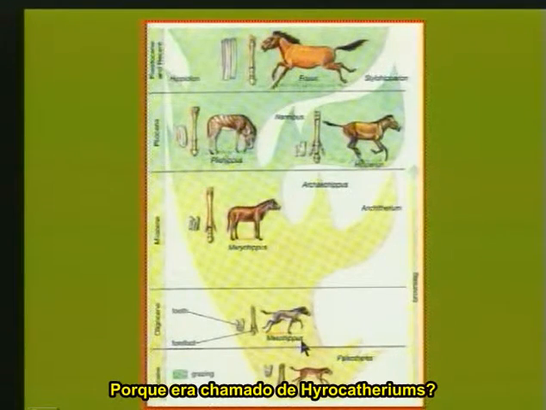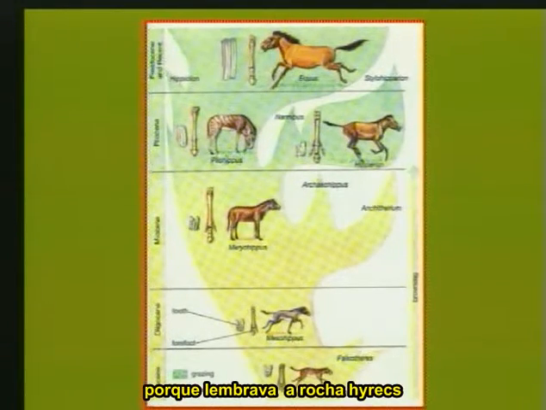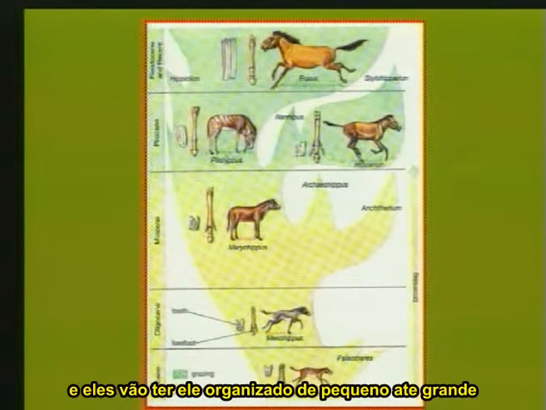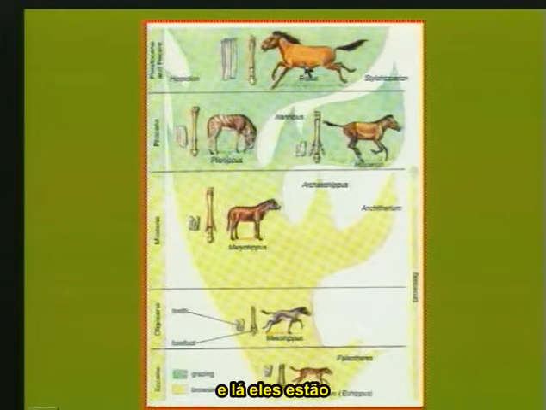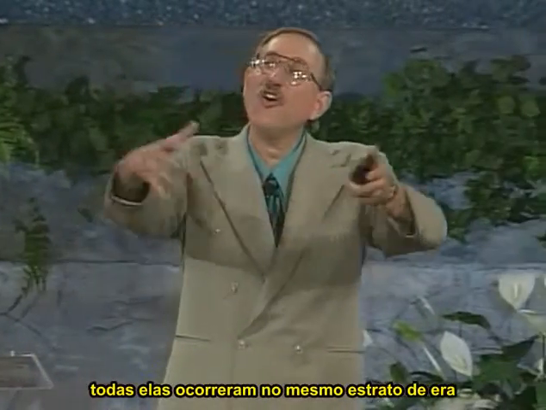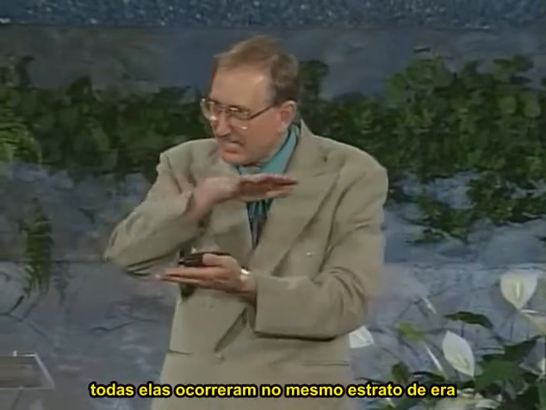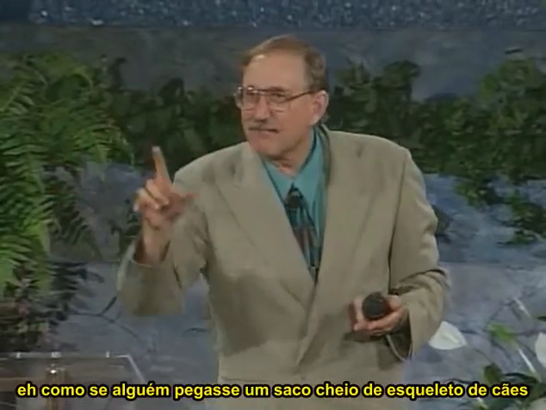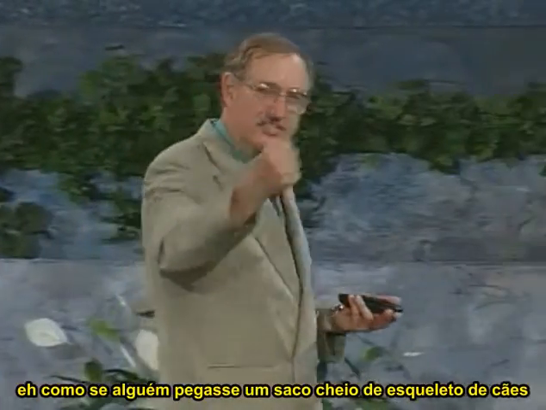Why was it called Hyracotherium? Because it resembled a rock hyrax. And then they will have them all lined up from small to large. And there they are. But remember that these creatures were all contemporaneous. They all occur in the same age strata. So it's like my Martian getting a bag full of skulls.